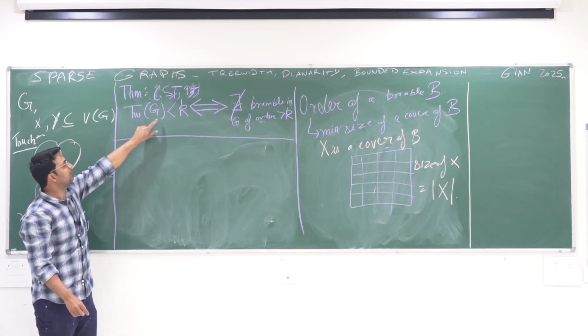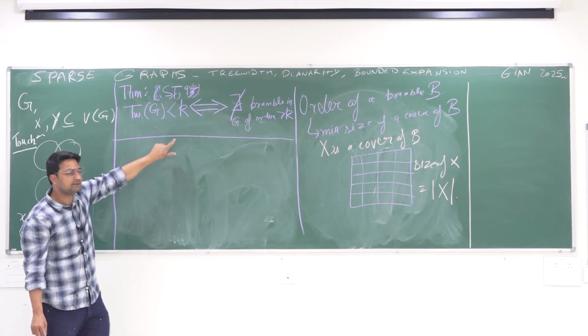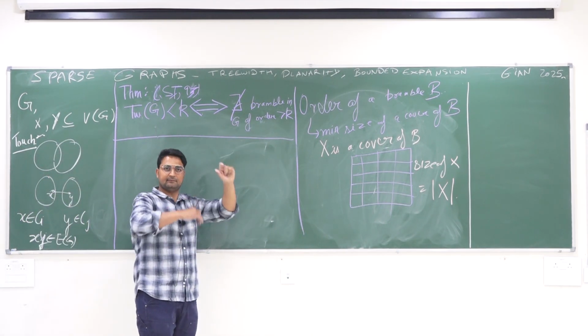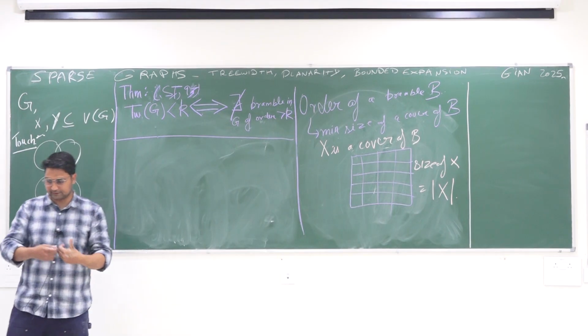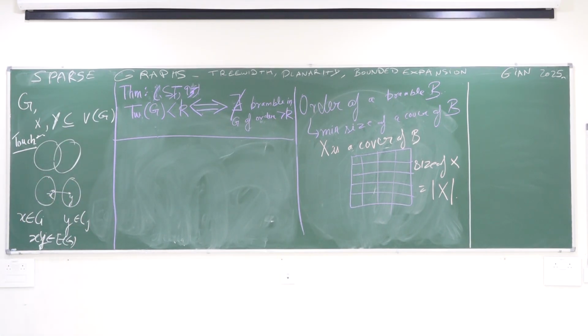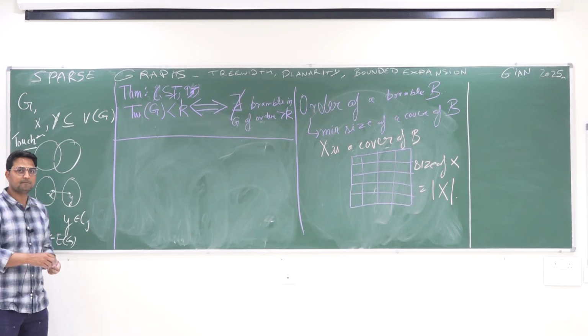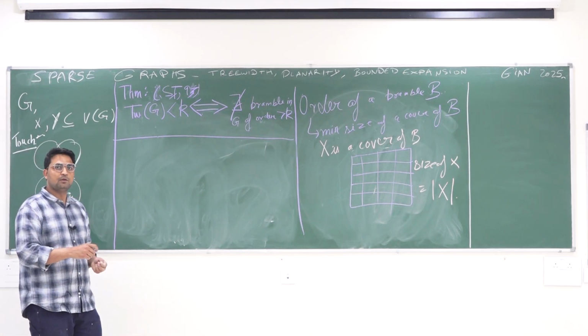I am trying to reduce my treewidth, and for a Bramble, I can always show that there exists a Bramble of order 0. What we want is a Bramble of as high an order as possible to give a lower bound. And this is the thing that we want to prove today. And both are strict, so there is a gap of 1.